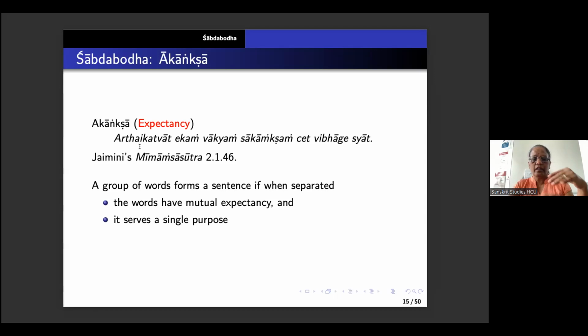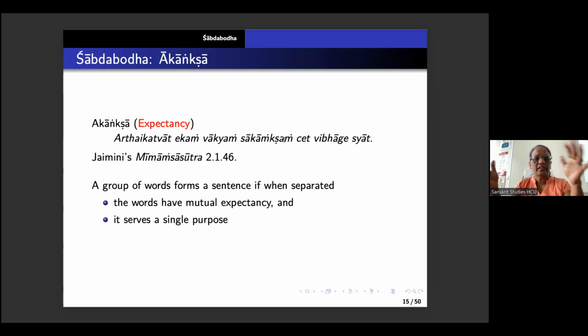So it should have a single purpose, the whole group of words. Artha ekatvat ekam vakyam. It's a single unit, provided it has a single purpose, and provided vibhage syat, if you divide it, then the units have mutual expectancy, they are ākāṅkṣā.